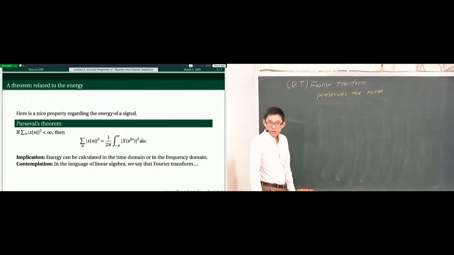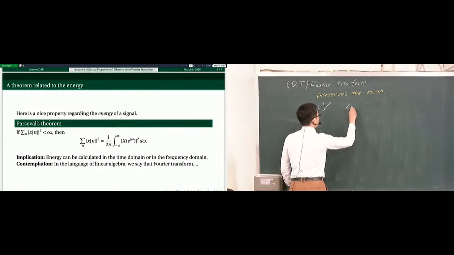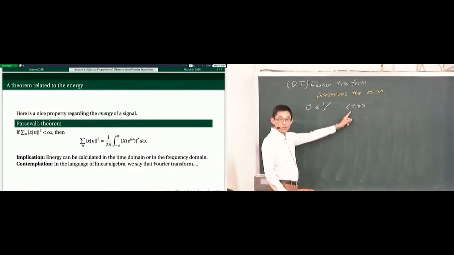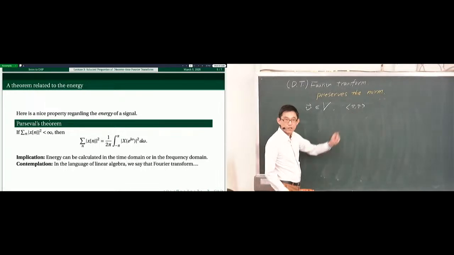Norm square. Okay. Just in case you might be familiar, let's say v is a vector which belongs to a vector space V, and we can endow the space with an inner product, which is usually denoted with angle brackets.